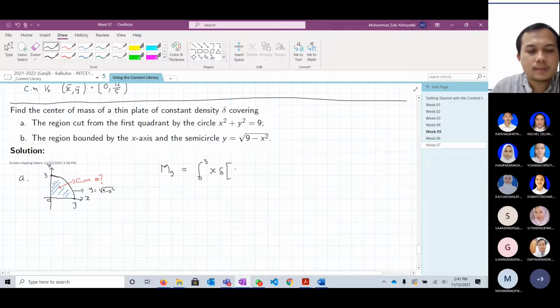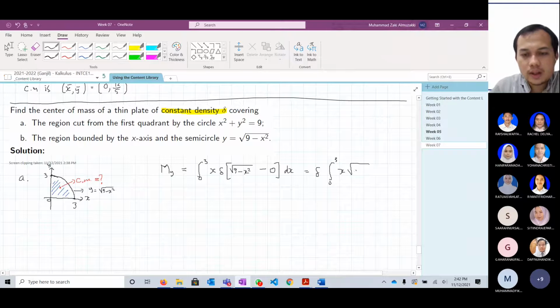So we have f(x) square root of 9 minus x squared minus g(x). g(x) is, because g(x) here is the x-axis, dx, and since delta is constant, we can take out the delta. So this is equal to delta integral from 0 to 3 x square root of 9 minus x squared dx.